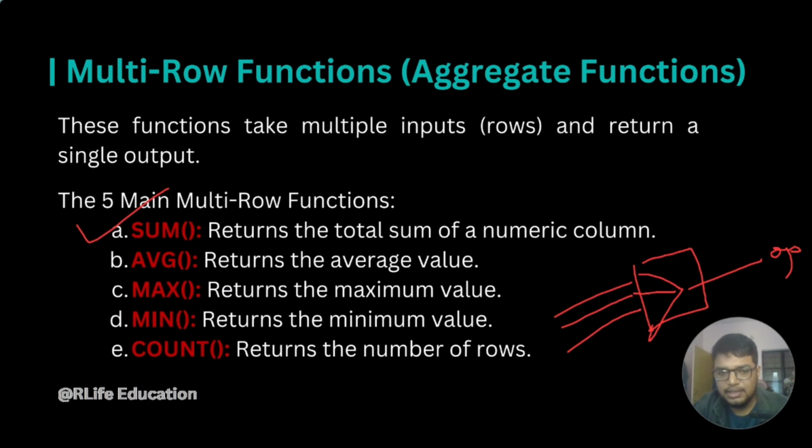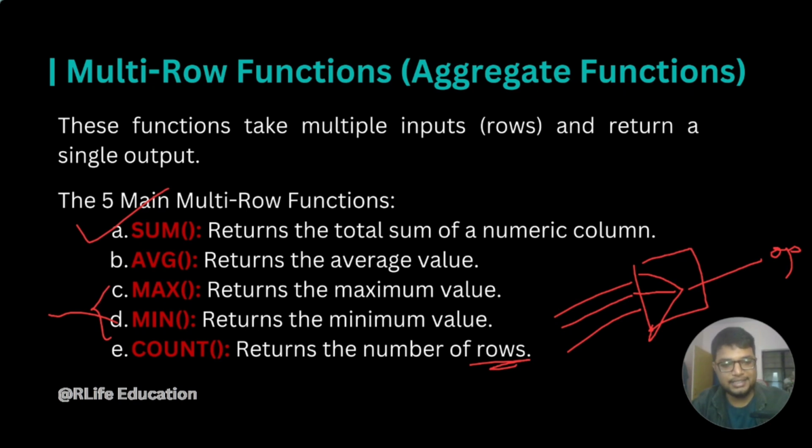Then max and min: whenever you have to find the largest one, you use max, and when you have to find the smallest one, the minimal one, you use min. Count gives us the number of rows present. We know in SQL, rows mean data, rows mean records. If we want the number of records present in our table, then we have to use the count function.